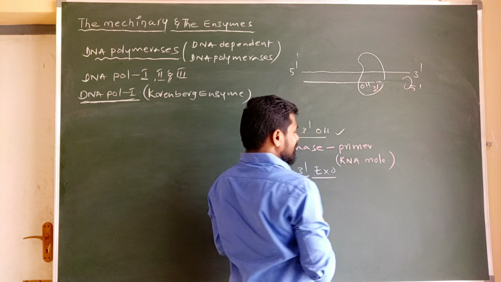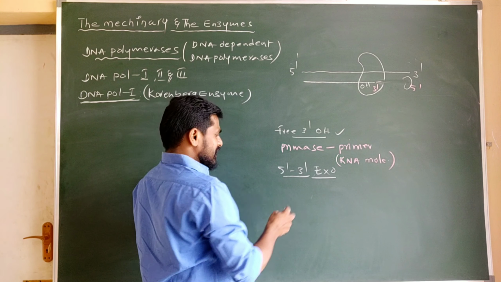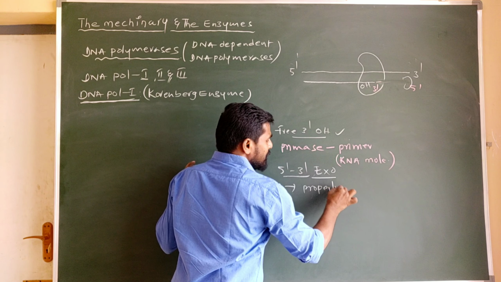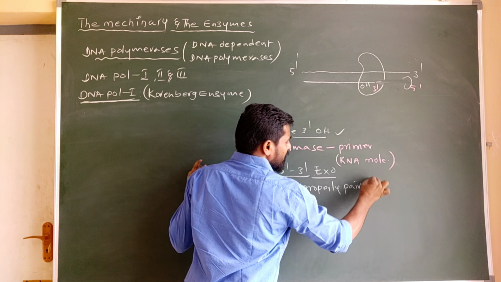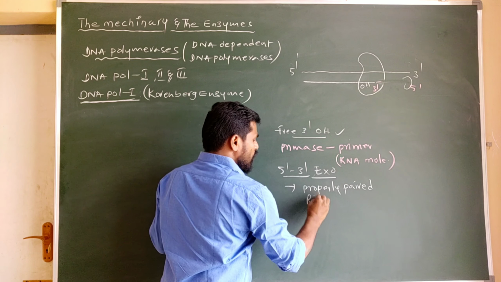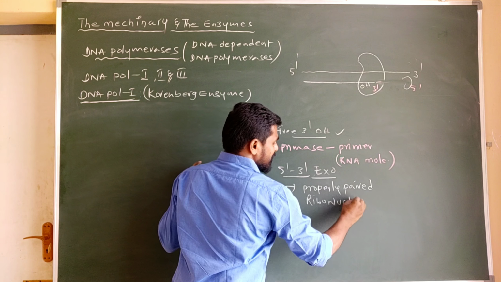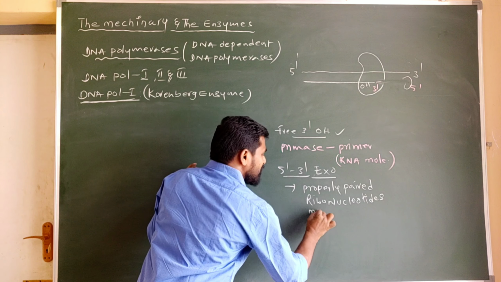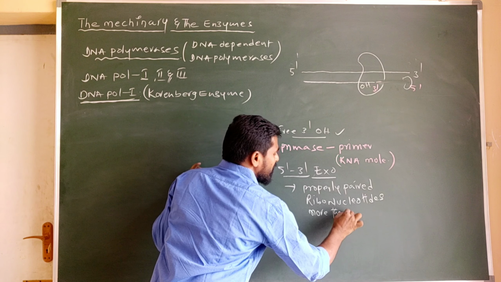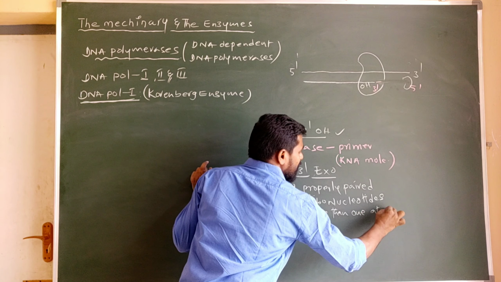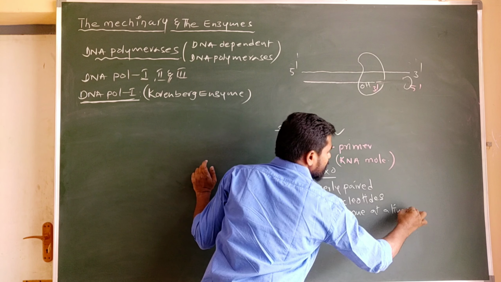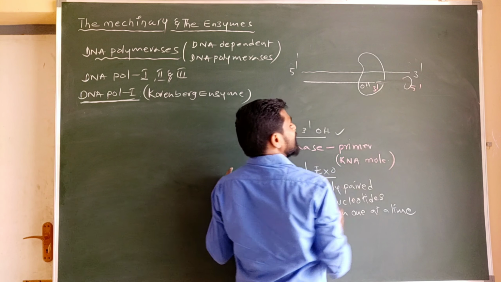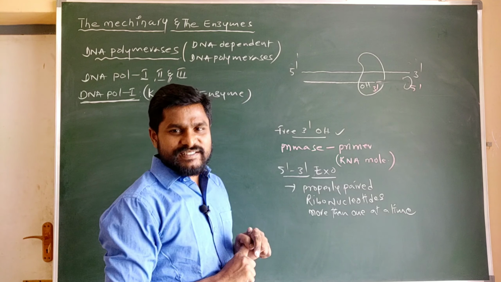So what is happening here? This 5' to 3' exonuclease activity is removing properly paired ribonucleotides more than one at a time. Again, in the place of this removed primer, the DNA has to be synthesized.